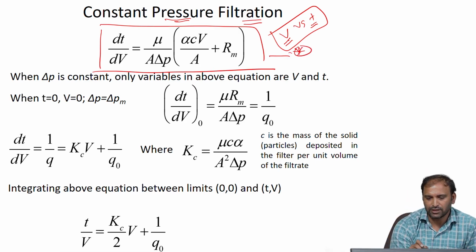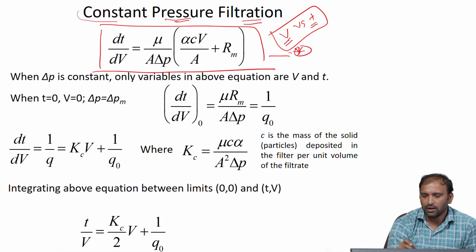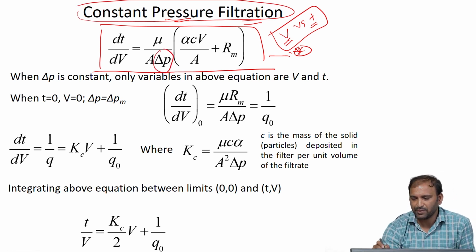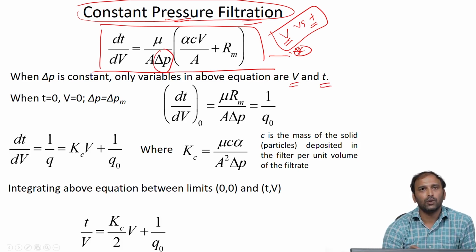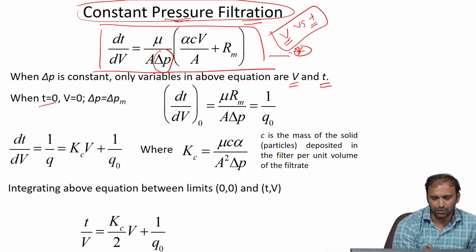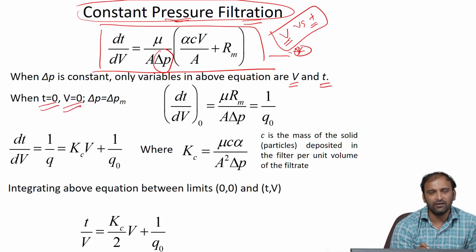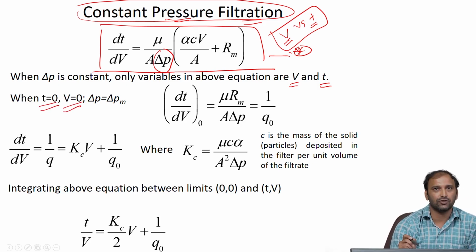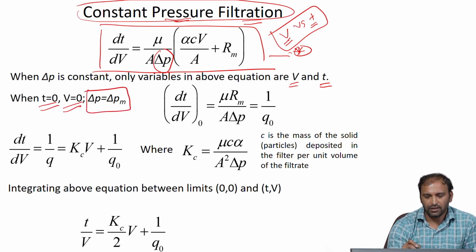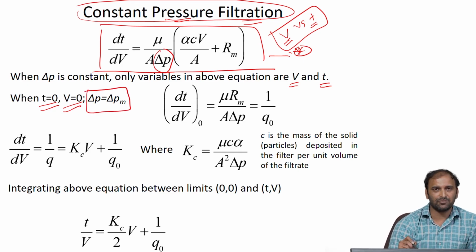Because I'm working with constant pressure filtration, my delta P is going to be constant. Therefore in this expression the only variables are V and t. I know the initial condition: at time t equals 0, I do not have any filtrate coming out, which means V is equal to 0, and the only pressure drop I have is the pressure drop that comes because of the presence of the medium.